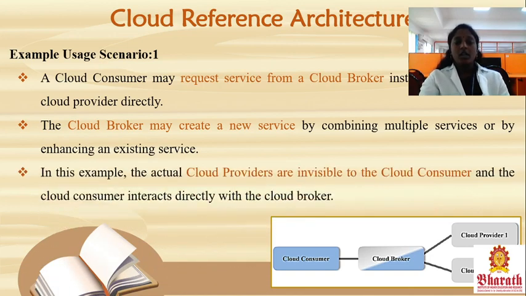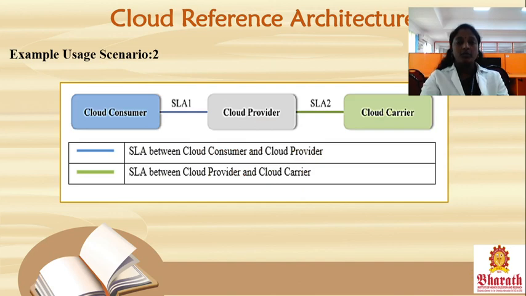And then the cloud providers are invaluable to the cloud consumers. So whatever way you go, since you are going through the cloud broker, you don't even know who the cloud provider is. You're just getting whatever necessary things you want, you will be using everything, but you will not be aware of who provides the services for you.